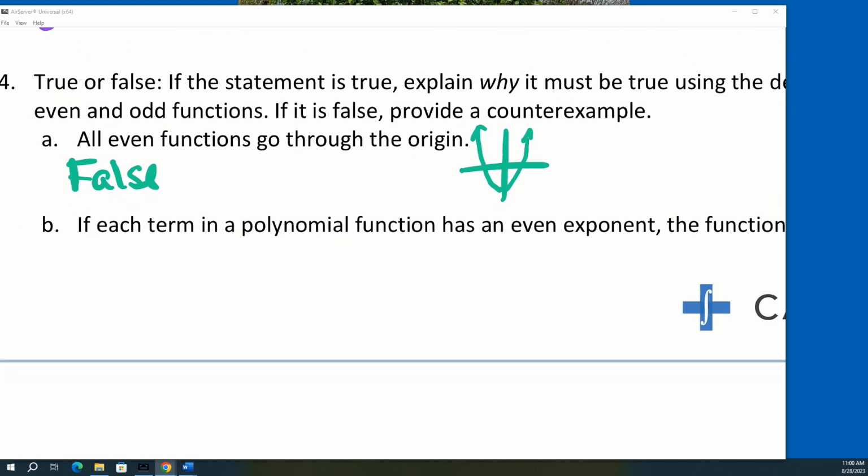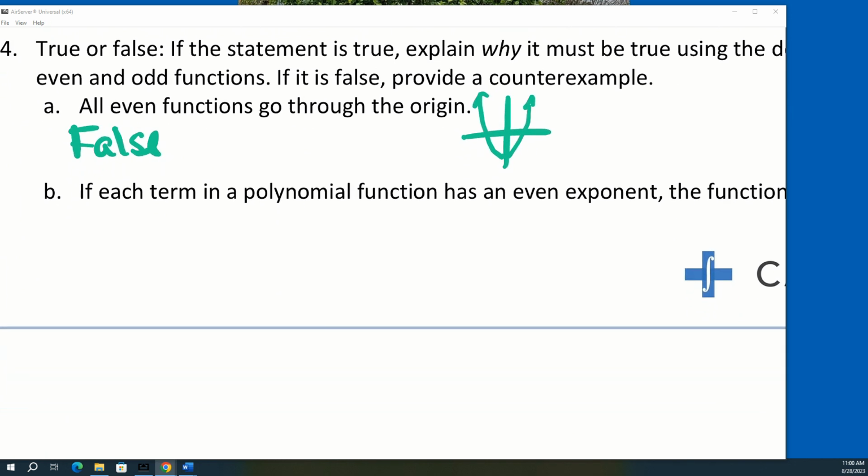All right, and then for B, if each term in a polynomial function has an even exponent, the function is even. What do you think? Can you think of a counterexample? Yeah, this is true.